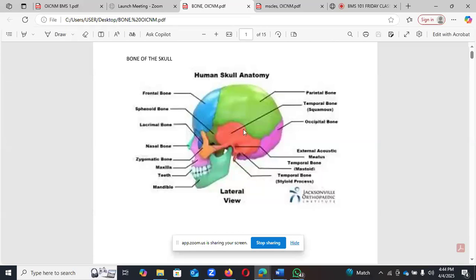Okay, so let's continue. This is the bone of the skull. It is in parts, but joined together by this fibrous joint.